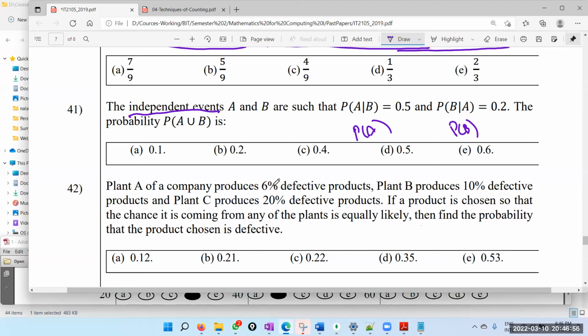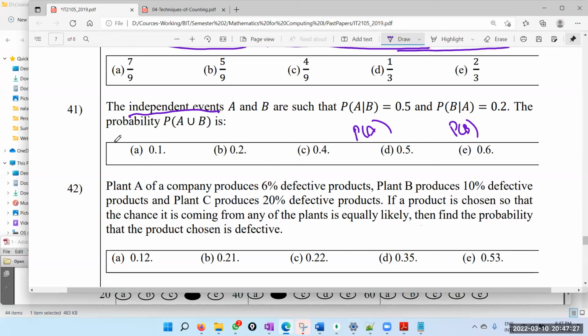A union B. Independent. Anyone has idea?